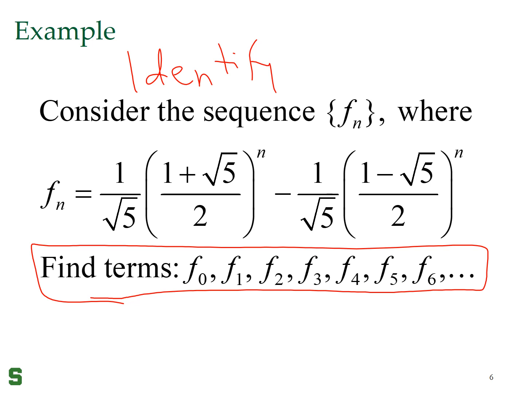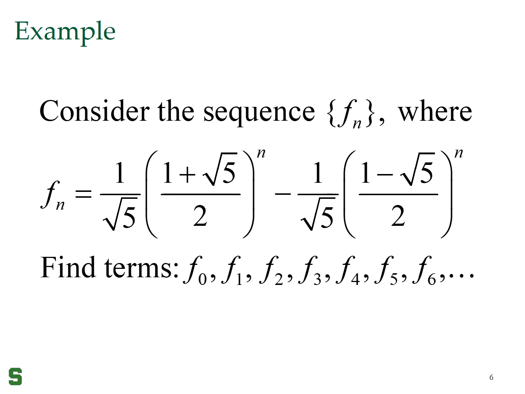Once you see what it is, you should be able to identify a pattern in the numbers that you get, and it should be a sequence that is very familiar to you. One of the things we would be doing later in the semester is looking at, if I have a sequence written in a recurrence fashion, then how do I find a closed form solution to it? And this would be one of the examples we'll study for that.